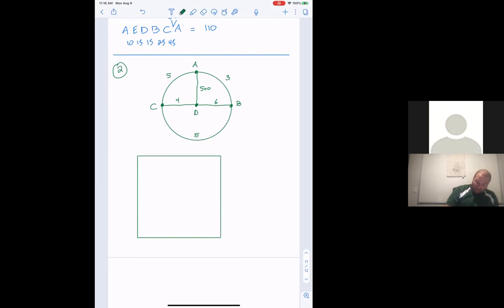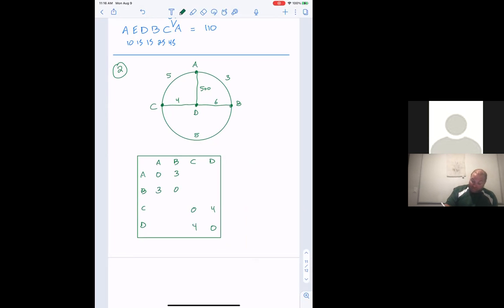So let's take a look at what happens when we apply the algorithm. We have A, B, C, and D, A, B, C, and D. We're going to make a table of least weights. So A to B, 3, clearly. C to D, not going in order here, but C to D is clearly 4.